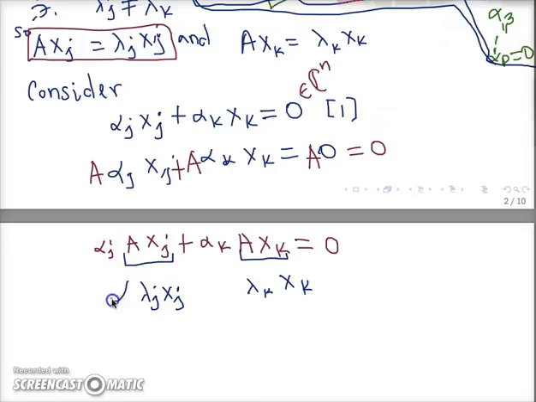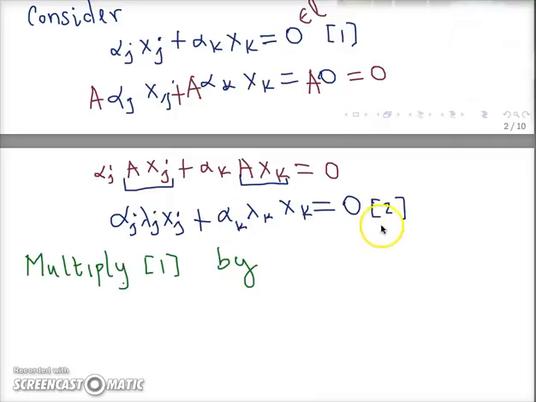So I still have a linear combination. Here is alpha sub j, here's alpha sub k, and this linear combination is still adding up to 0. I'm going to call that number 2.